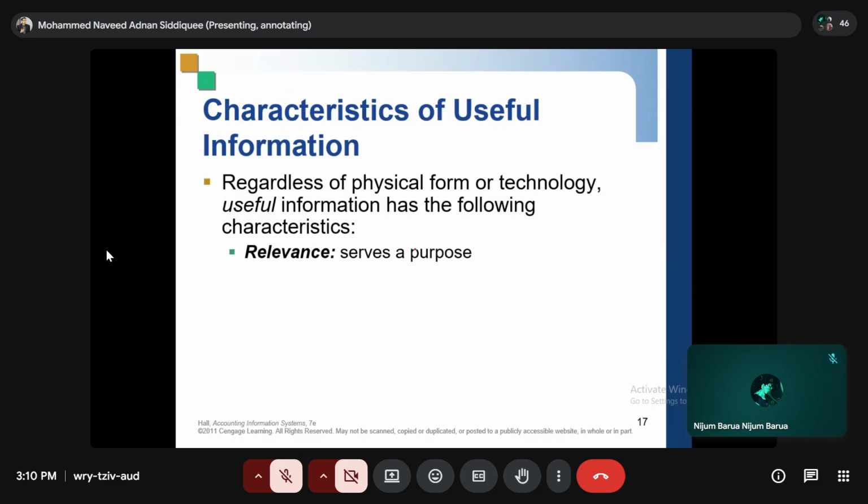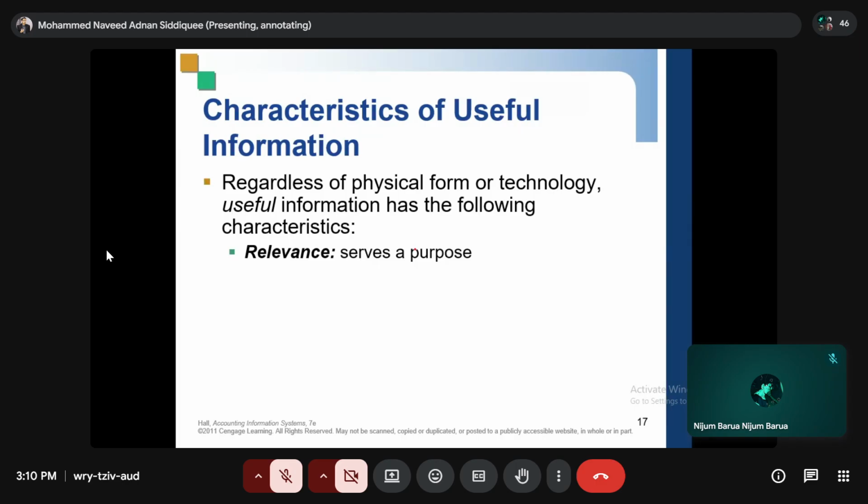For example, you want to find out who are your best salesmen or saleswoman, salesperson, right? So who are the best salespersons? In order to do that, you need to calculate the total sales per employee.